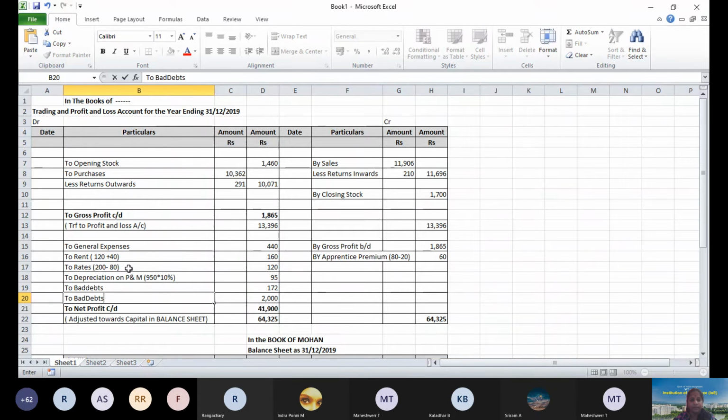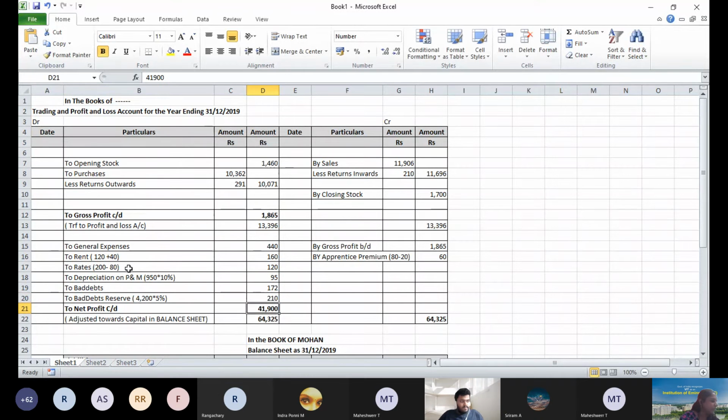Bad debts, do not confuse yourself. 4,200. This is the only ingredient in the complete final account which you get confused about. Remember that bad debts is a concept where you should never get confused. So bad debt reserve, whatever I did in the adjustment, I'll write it here, 210.